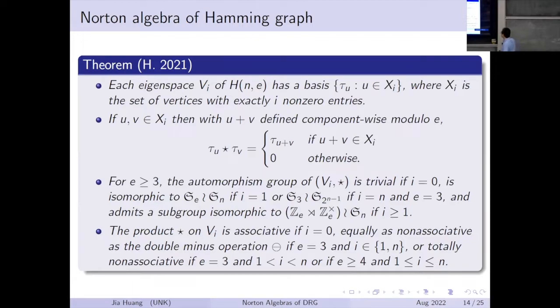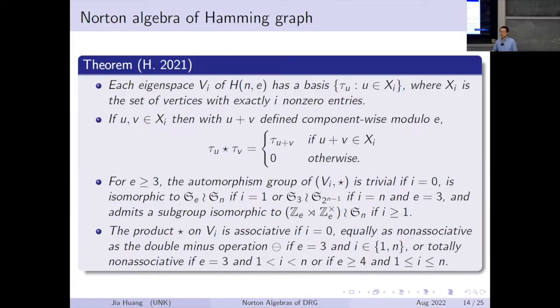So we find out that when i is 0, this product is just associative. So not very interesting. And if e equals 3 and i is either 1 or n, then the non-associativity of this Norton algebra is exactly the same as that double minus operation.